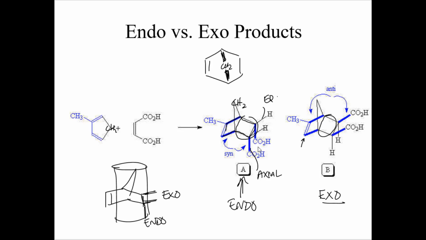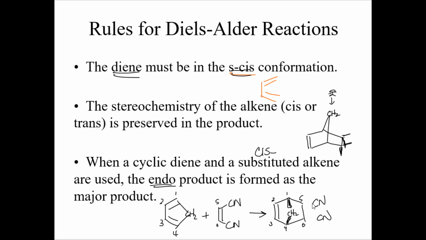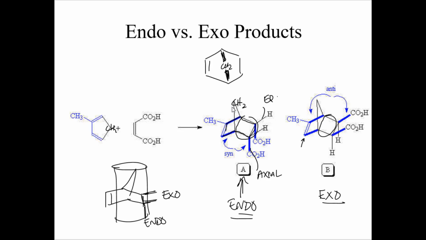So endo just basically means that both the groups are in the axial position. And quantum mechanically, that is the favored product of this reaction. So you get the endo product as the major product of that reaction. So going back to the original molecule that we had drawn, the endo product means that, relative to this bridge, these two groups are basically, if this is pointing up towards you, these are pointing away from you.